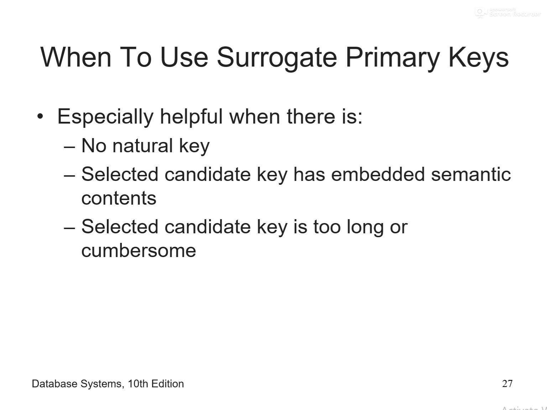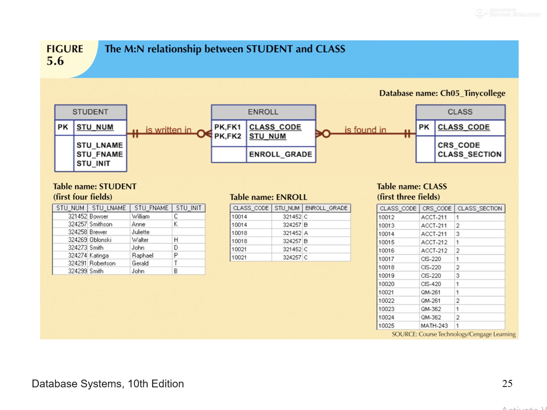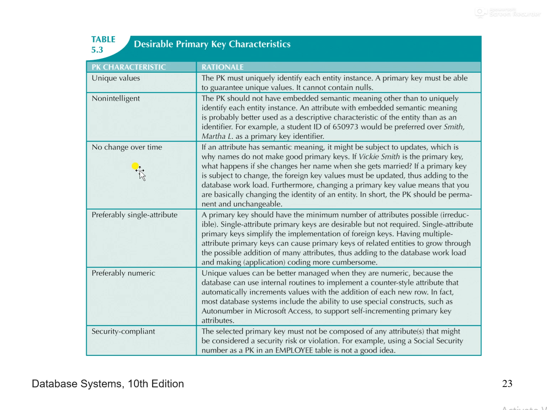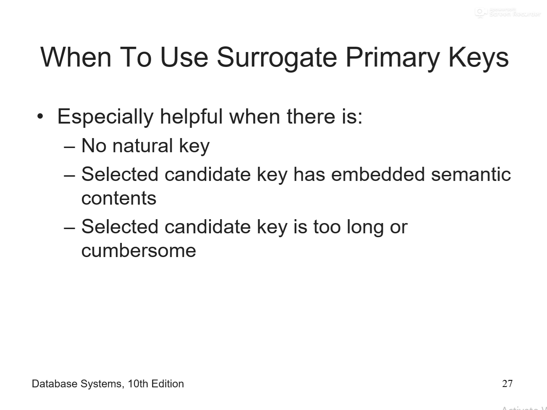One of the characteristics of a primary key is that it should be non-intelligent, but we do not have such a key in the table. Or the selected candidate key is too long.